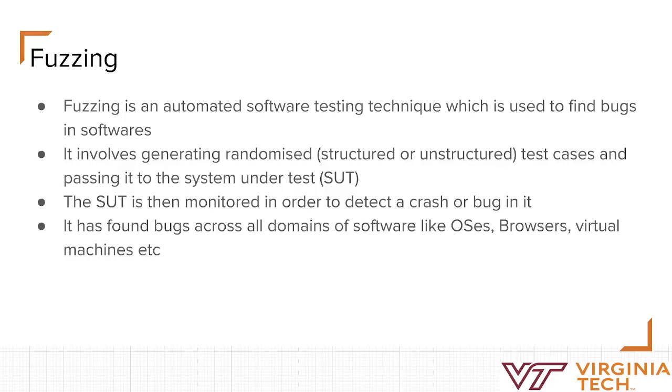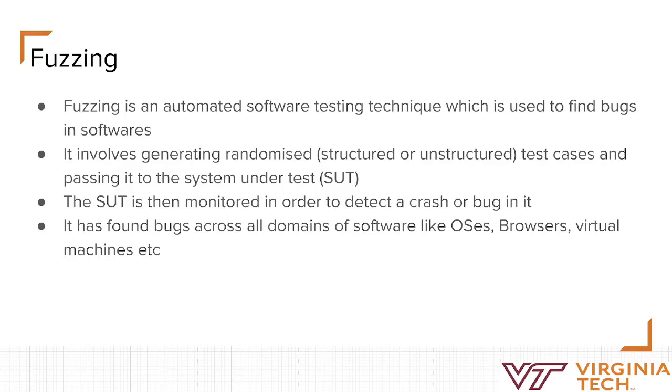When you pass those randomized inputs to the system under test, you observe its behavior to see if you can detect any incorrect behavior while it's parsing that input. Typically this would just mean you check to see whether or not the program crashed while parsing that input, because if it did crash, that means you've probably found a bug in the system under test.